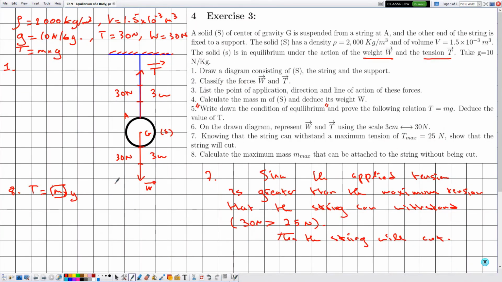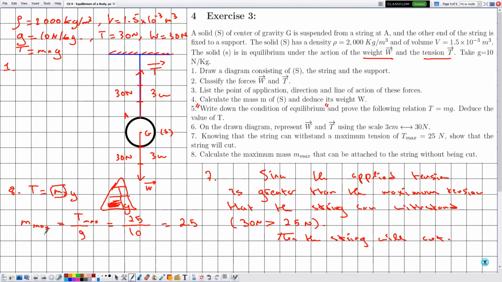Now constructing the triangle of this formula, T will be at the top, M and G at the bottom, and we are interested in determining the maximum mass, which is given by T over G. Since this carries the label max, this will carry the label max. T max is 25 and G is 10. Plugging this on the calculator, M max is given by 2.5.